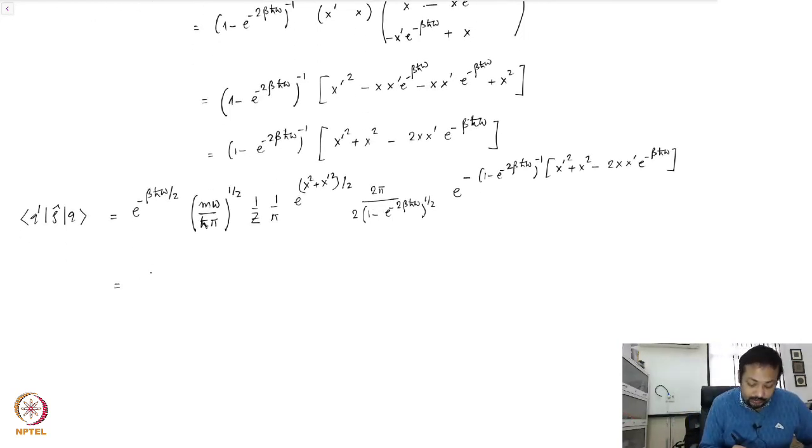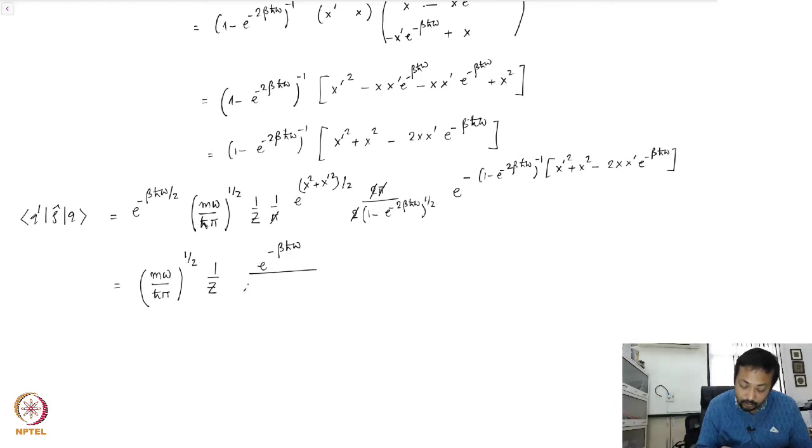So this is going to be (m omega over h bar times pi) raised to the power half. Now this pi cancels, this 2 cancels, therefore nothing I have to worry about. I have 1 over Z, and then this is e to the power minus beta h bar omega, (1 minus e to the power minus 2 beta h bar omega) raised to the power half.